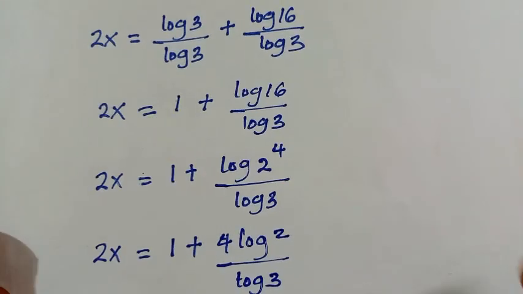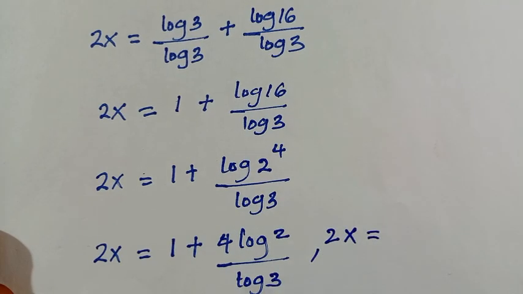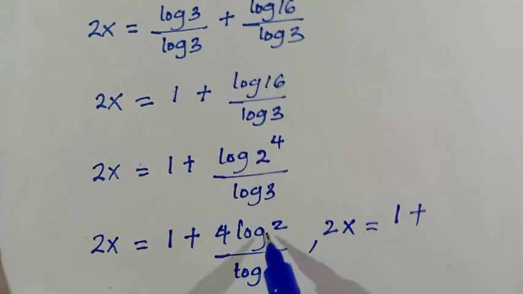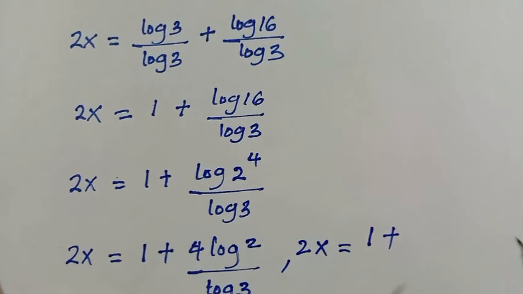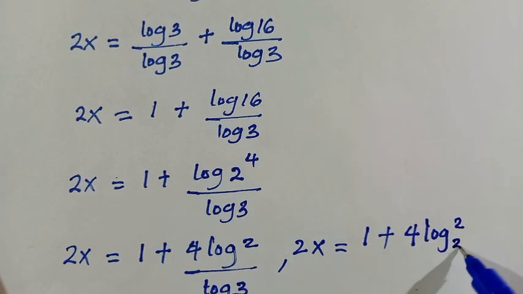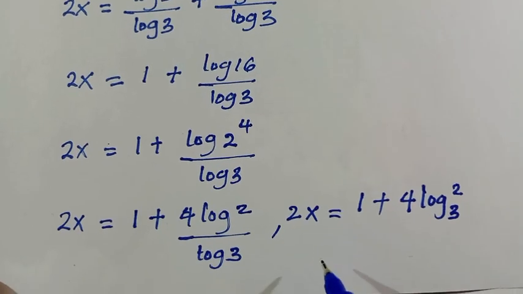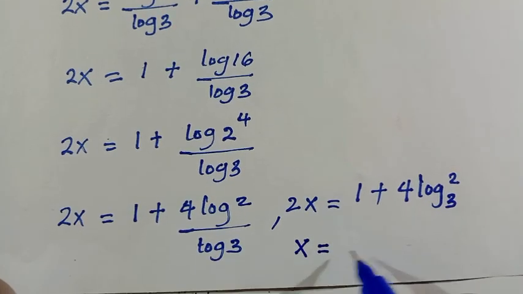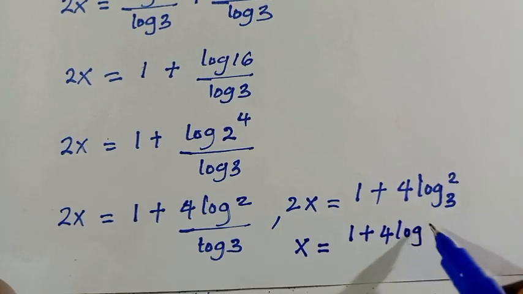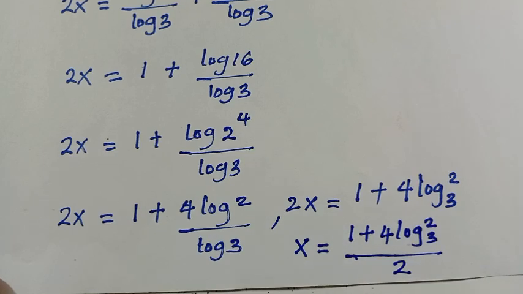And finally, we can simply call this 2x equals 1 plus 4, where log 2 divided by log 3 can be written as log 2 base 3. And when we divide both sides by 2 from here, we have the value of x equals 1 plus 4 log 2 base 3 divided by 2.